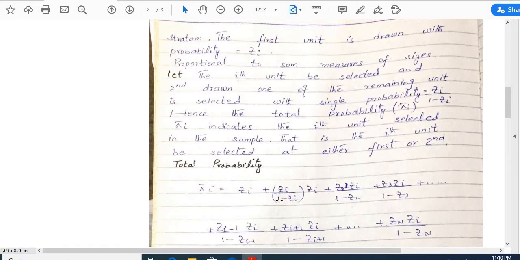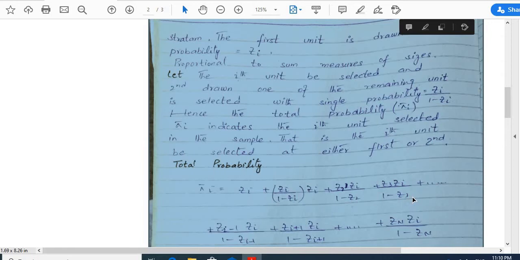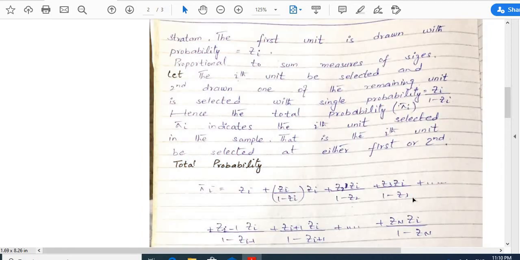Z1 divided by 1 minus Z1 into Zi plus Z2 divided by 1 minus Z2 into Zi plus Z3 divided by 1 minus Z3 into Zi plus Z4 divided by 1 minus Z4 into Zi plus and so on, Zi minus 1 into Zi divided by 1 minus Zi minus 1, plus and so on, Zn into Zi divided by 1 minus Zn.